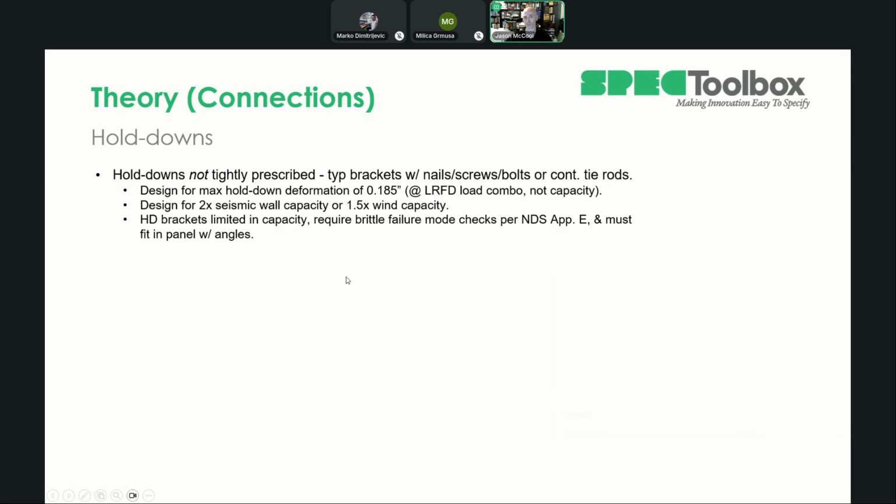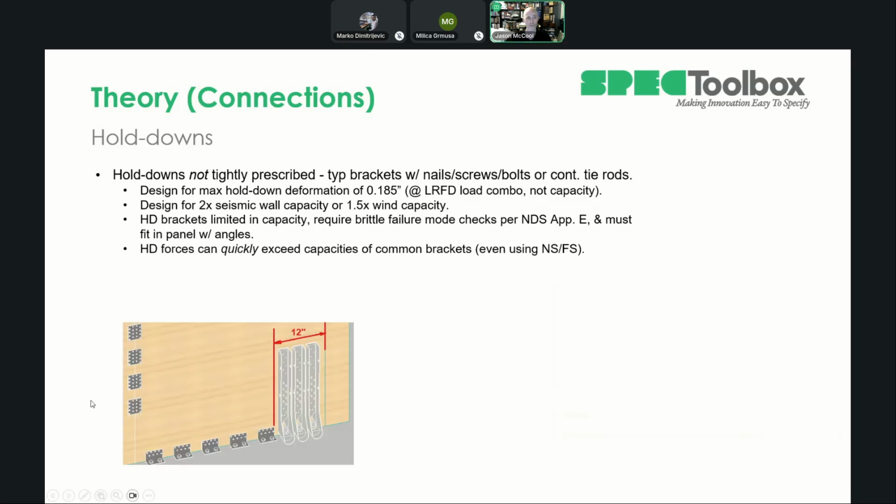And even say you're using one of Simpson's bigger brackets, it's still limited, and it's still way short of the capacity you may need for a multi-story high seismic condition with a 2.0 magnification on it. You've still got brittle failure modes to deal with in that boundary element of your CLT, and you just got to get the thing to fit in there. You put all these panel base connectors in here, and the last base connector has to be within 12 inches of the end.